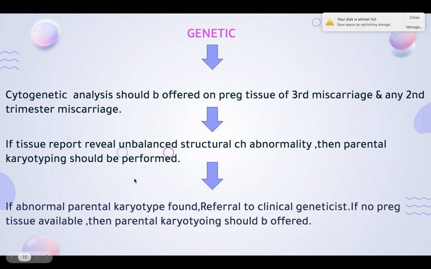You all know that if some abnormality has been found in this parental karyotyping, then definitely we are going to refer the patient to the clinical geneticist. If no pregnancy tissue is available, then parental karyotyping should be offered. If pregnancy tissue has not been available, has not been successful, then parental karyotyping should be offered. This is another change in this guideline.